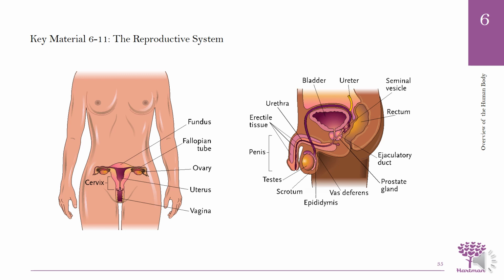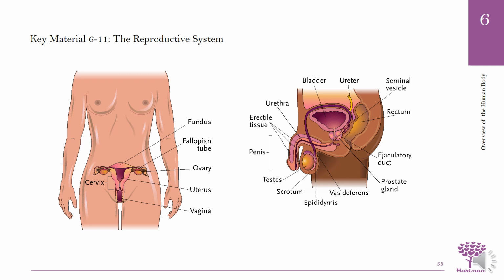The testes produce the male sex cells called sperm, and testosterone. Testosterone is a hormone needed for the male reproductive organs to function properly. Testosterone also promotes the development of male secondary sex characteristics such as growth of facial hair and deepening of the voice. In the female, the gonads are two oval glands called the ovaries. There's one ovary on each side of the uterus.